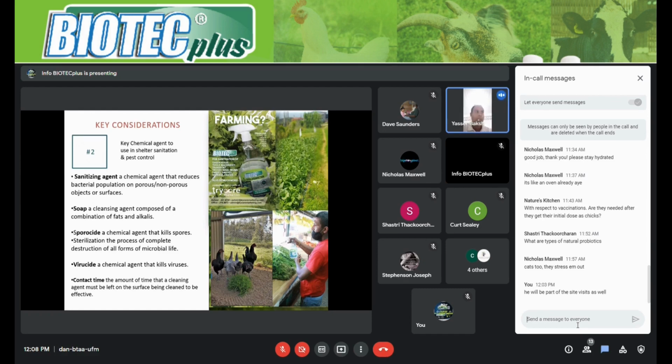Do note that a sanitizer is not a disinfectant, and not all disinfectants are biomedical, which means they cannot be used around skin, and biomedical disinfectants are not all sanitizers. I know it sounds very confusing, so let me just break that down for you.